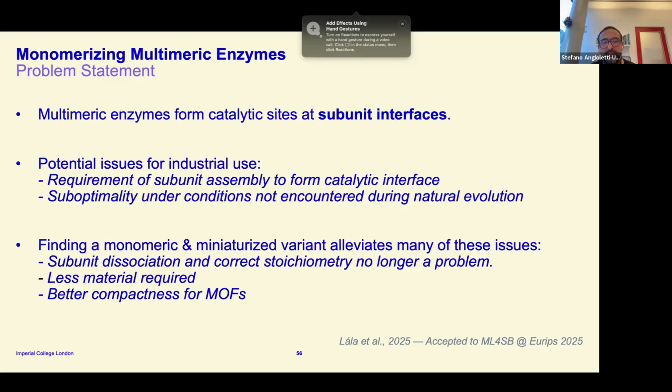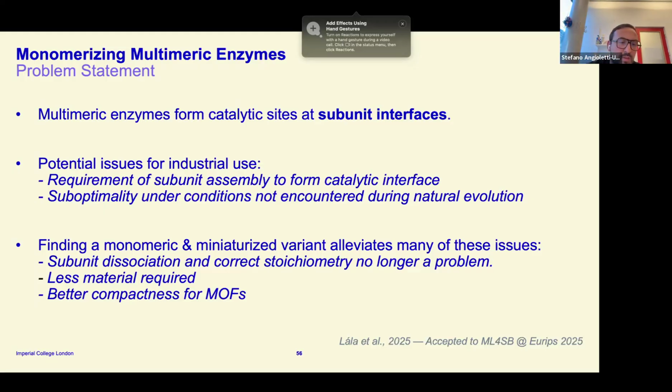So if you want to use it for industrial catalysis, where you might want to do your reaction at higher temperature compared to what the enzyme would do in a natural environment, that's not going to work. So what we are trying to do here is use a directed evolution approach to find, let's say, a fused, monomerized and miniaturized version of an enzyme.